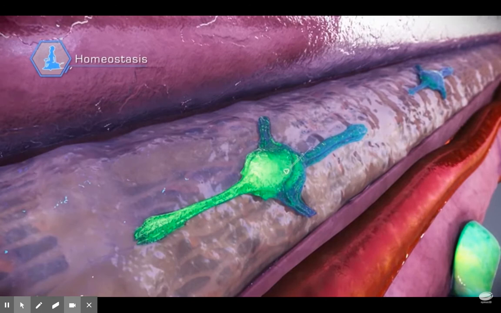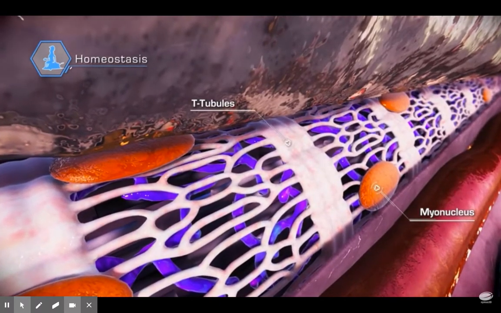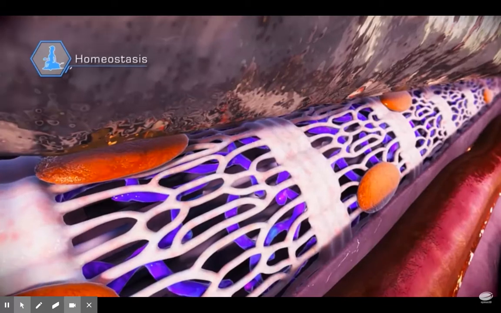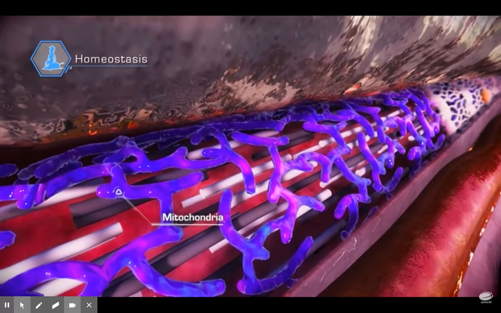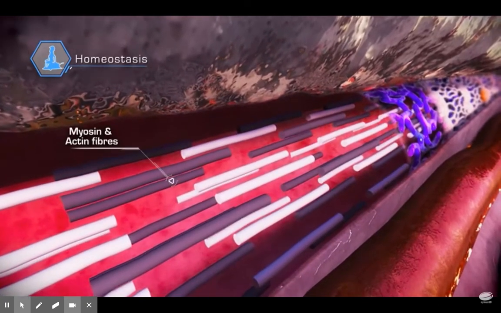Peeling away the sarcolemma membrane of the myofiber reveals the intracellular components, including myonuclei, that originate from the fusion of hundreds of myoblasts. The myosin and actin contractile apparatus gives us the ability to move in a controlled manner.